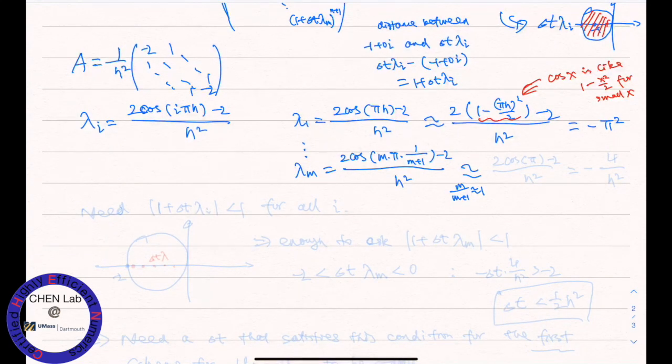We know cosine pi is -1, so that's -4 divided by h squared. So lambda is getting more negative from lambda 1 to lambda m. When h is small, 4 over h squared is large.